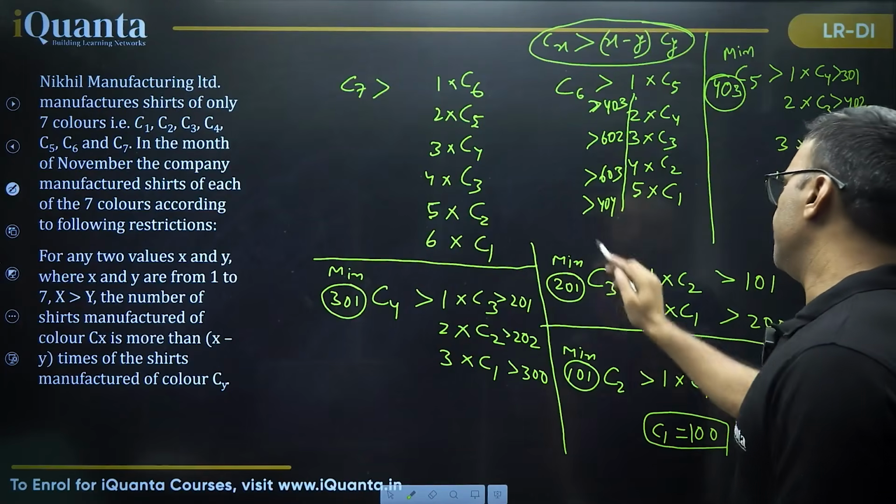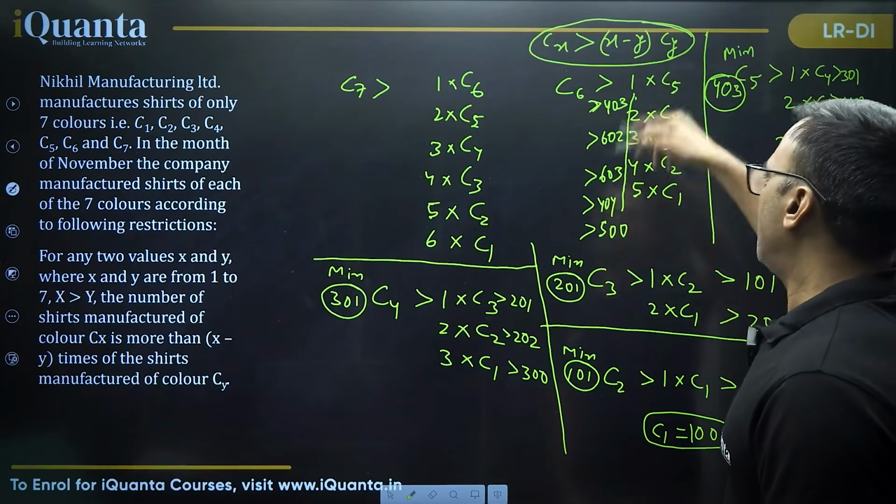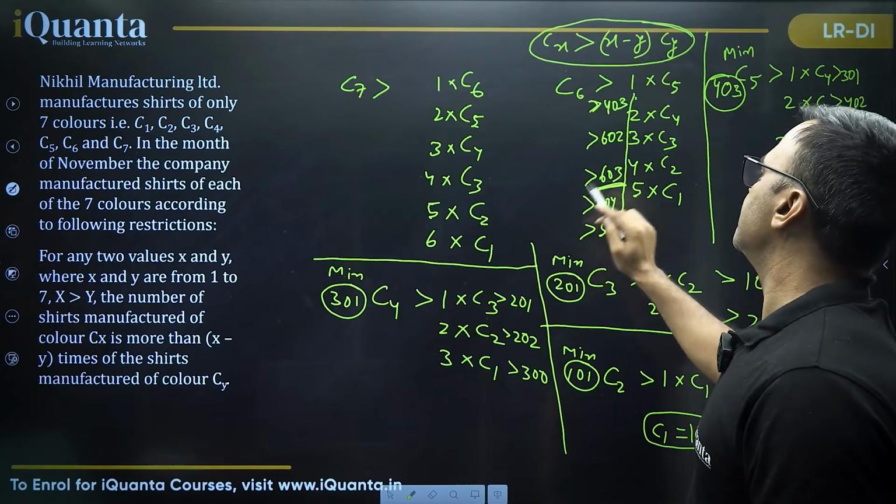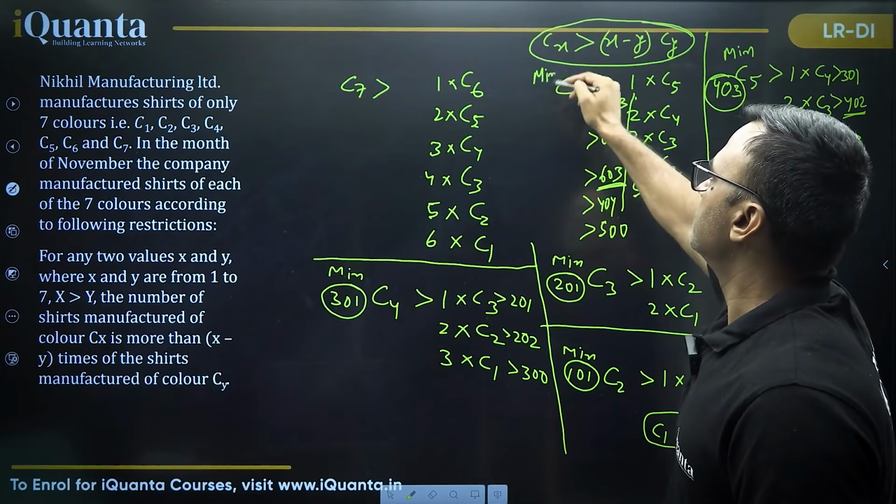And 5 into C1, that is 500. So, satisfying all these conditions, the minimum value of C6 has to be more than 603, that is 604.